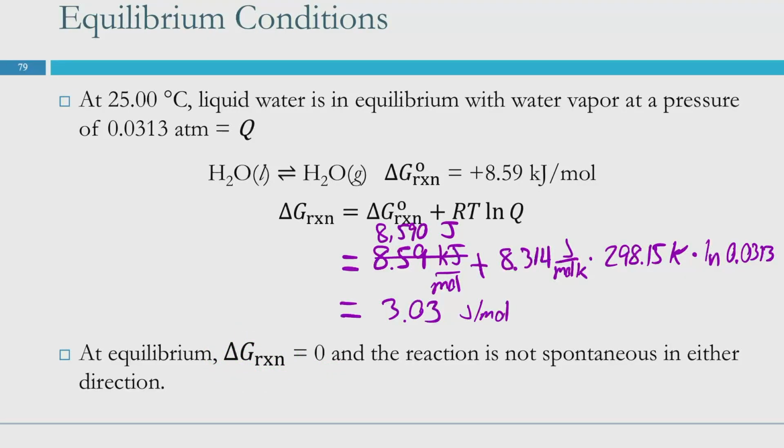The way that we could show that it's a rounding error is 8.59 kilojoules. If we added this other term, which is going to be negative, we would have our tens place being our last significant figure, and 3 is smaller than that, so it would just round down to 0. Probably nobody cared, but that's where it comes from.